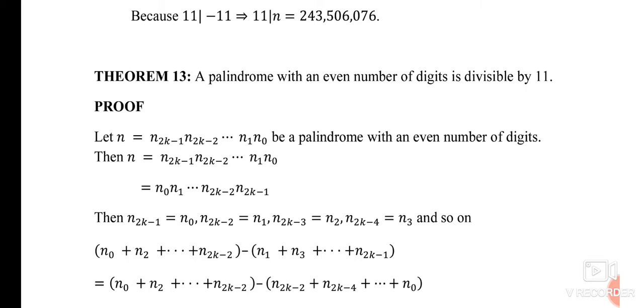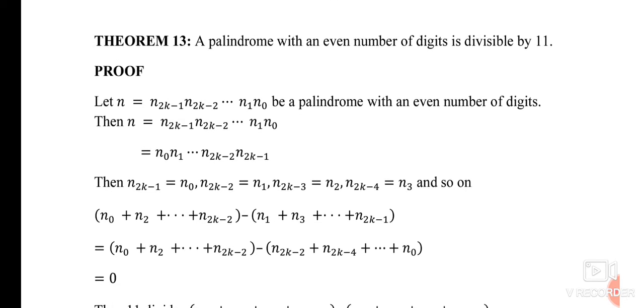We know a number is a palindrome if we get the same number when we write it backwards. So n equals n_{2k-1} n_{2k-2} up to n_1 n_0, which written backwards is n_0 n_1 up to n_{2k-2} n_{2k-1}.